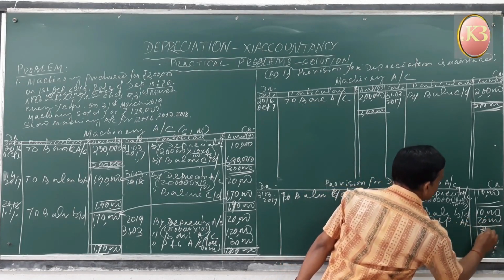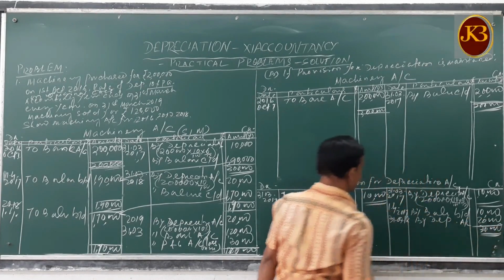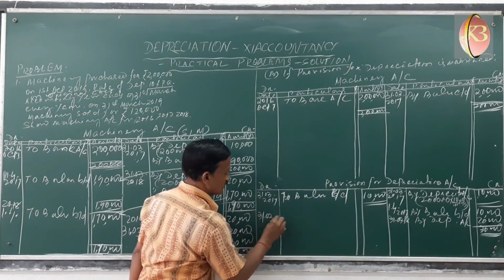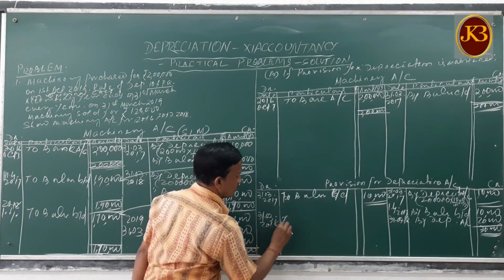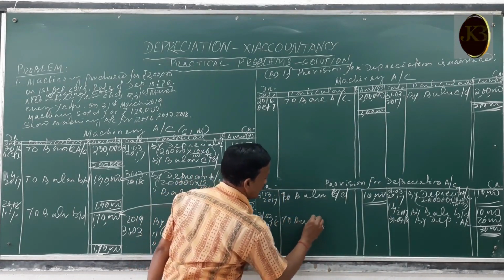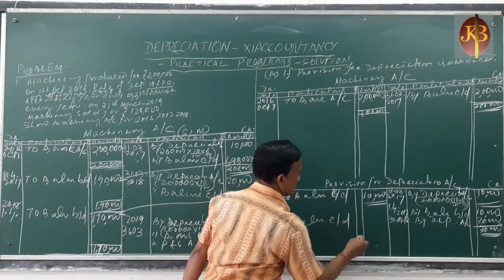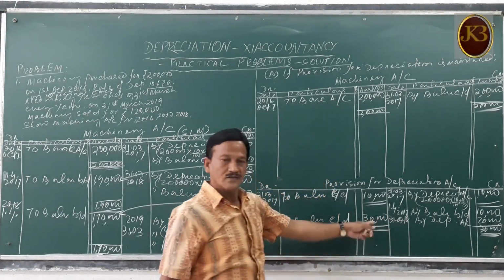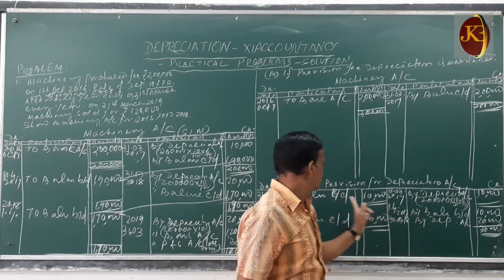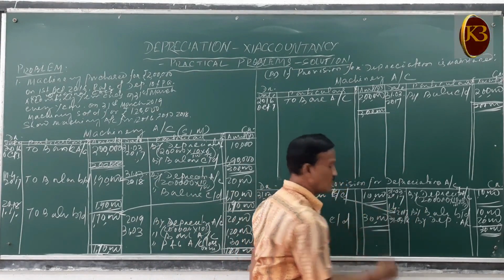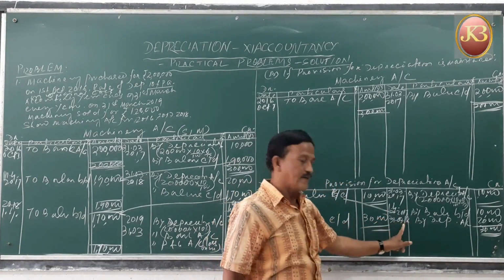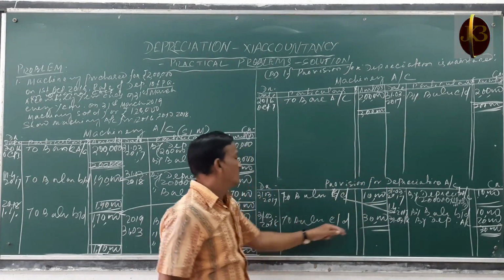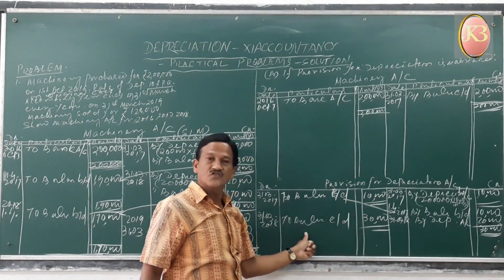So the total is 30,000, and on 31st March 2018, to balance carried down, 30,000. This is the second year, where the whole year's depreciation is charged, and then the total amount is transferred to balance carried down.